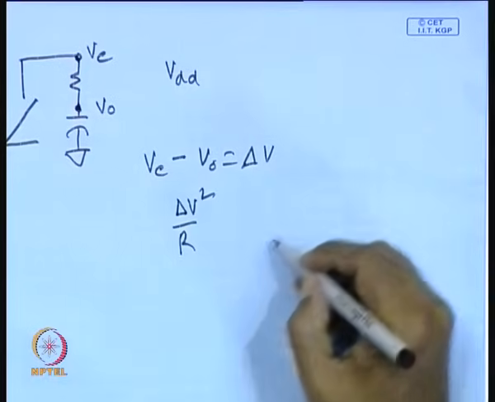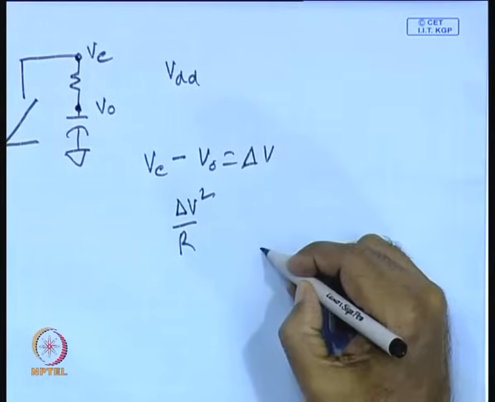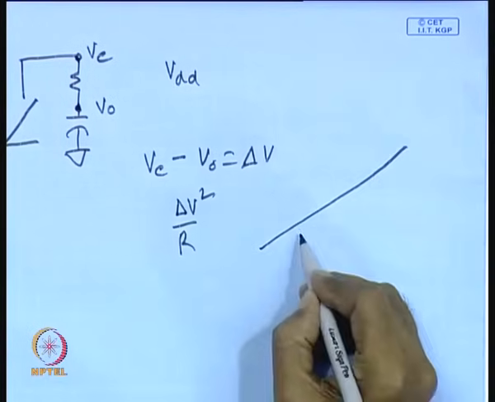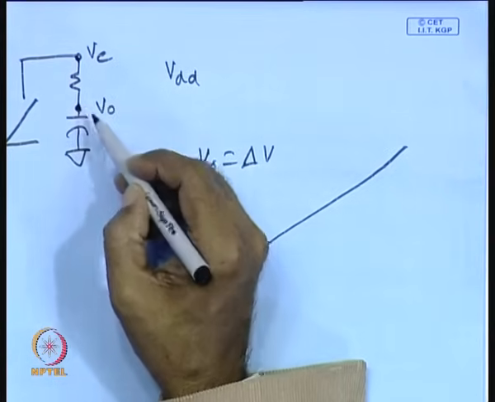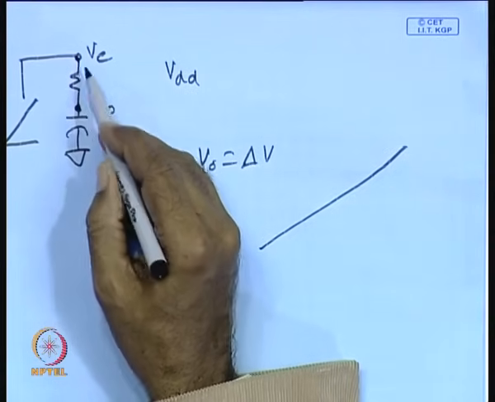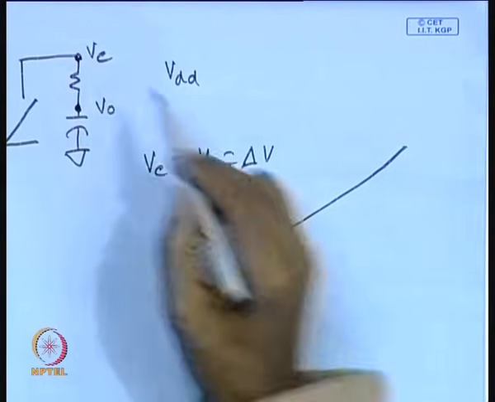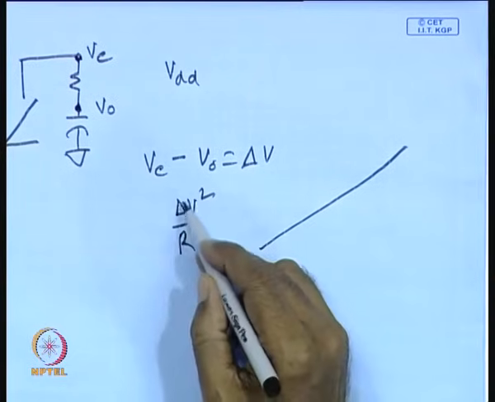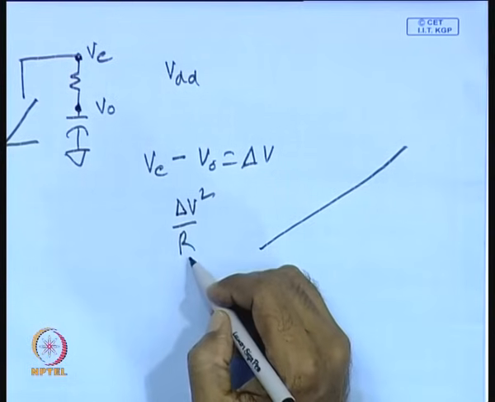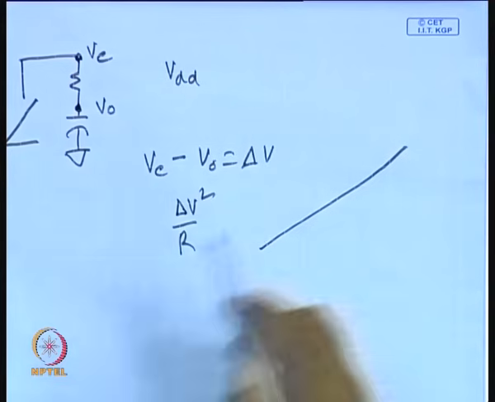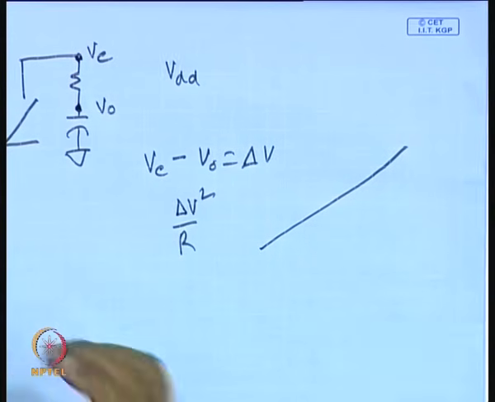That is the basic idea. By extending the time t, that is precisely what we are doing, the voltage difference between the capacitor and the voltage applied to the resistor becomes smaller and smaller, leading to smaller power dissipation in this resistance. That is the basic idea behind adiabatic charging.